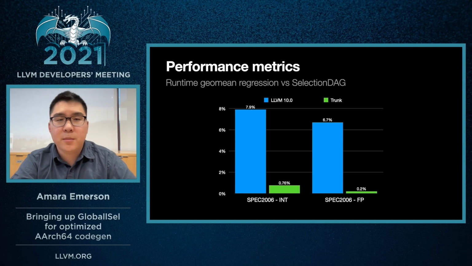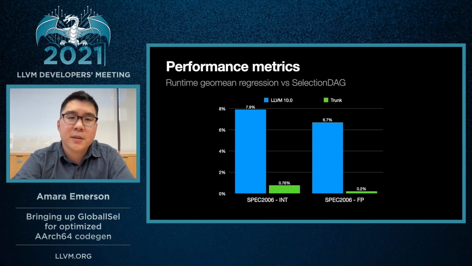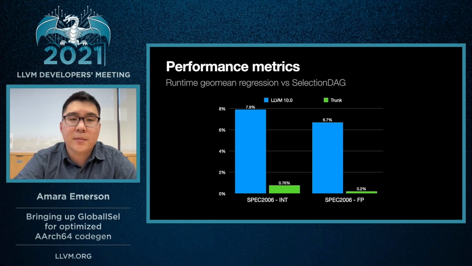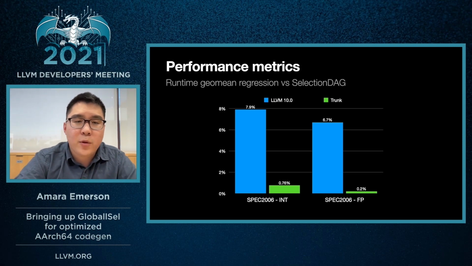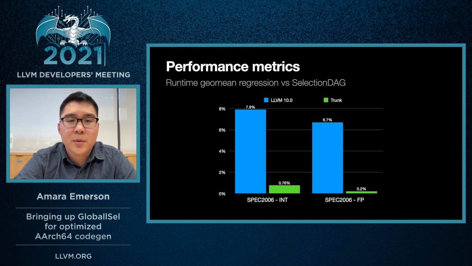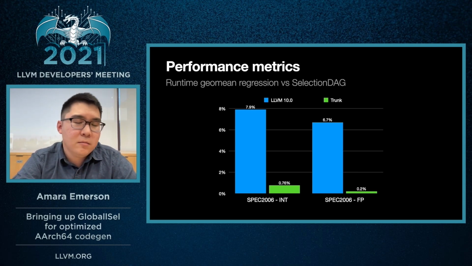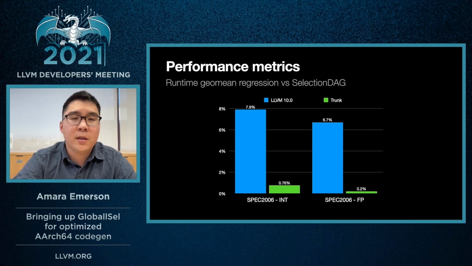So let's look at runtime performance. This graph here shows our relative improvement versus LLVM 10, which is a few years ago now. When LLVM 10 branched, the GlobalISel implementation had basically no optimizations really. So this is showing our geomean regression to SelectionDAG.